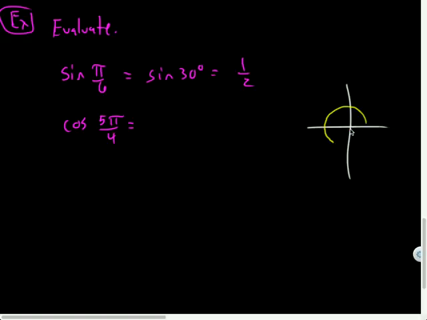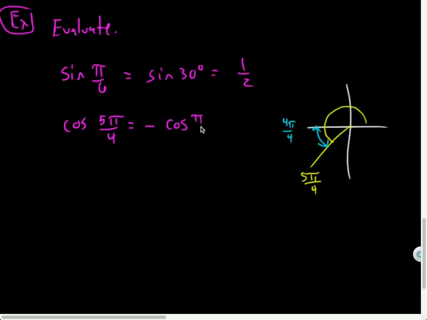So here is my 5 pi over 4. So which quadrant is that in? 3. Is cosine positive or negative in the third quadrant? Negative. So this is the same as negative cosine of which angle? What is the reference angle here? Well, this would have been 4 pi over 4, right? So it's pi over 4, exactly.